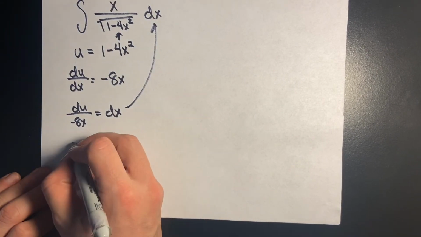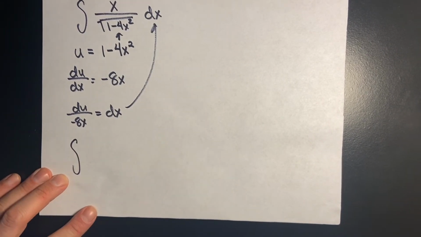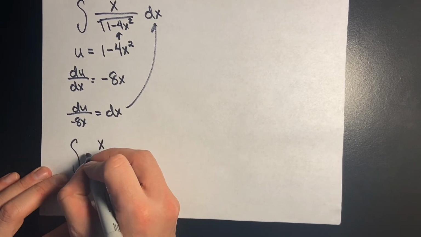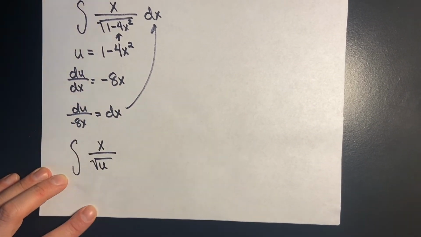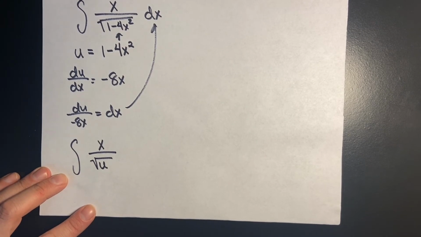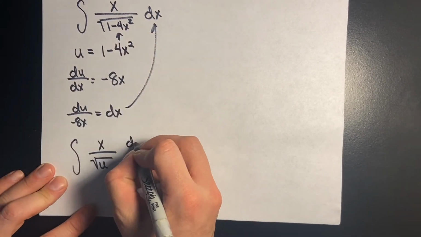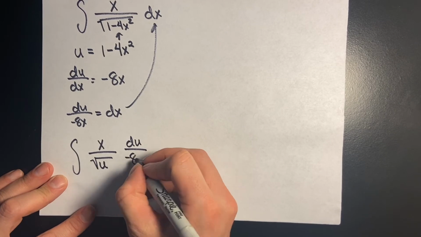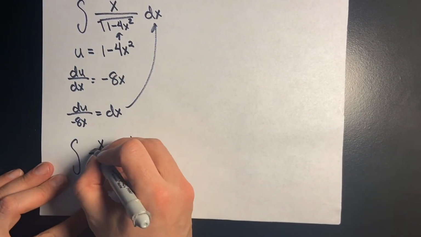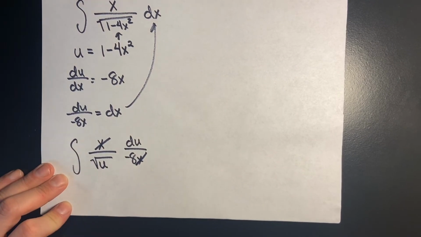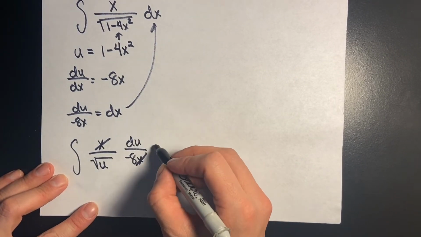I get the integral of x over the square root of u, instead of dx, du over negative 8x. Bada bing, bada bang.